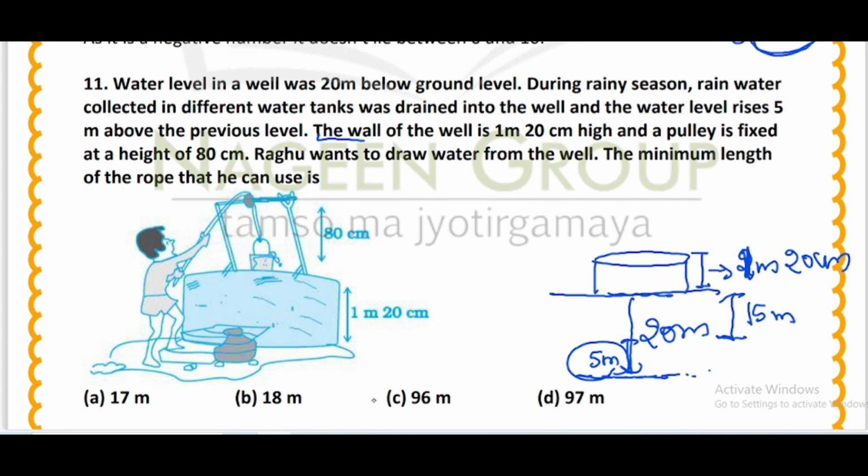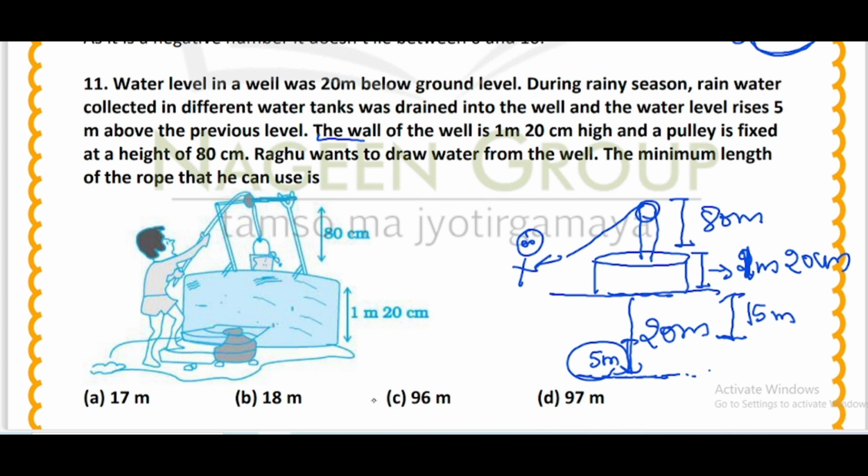Then same as, a pulley is fixed at 80 centimeter height. Then Raghu wants to draw water from the well. Raghu wants to take out water from the well.